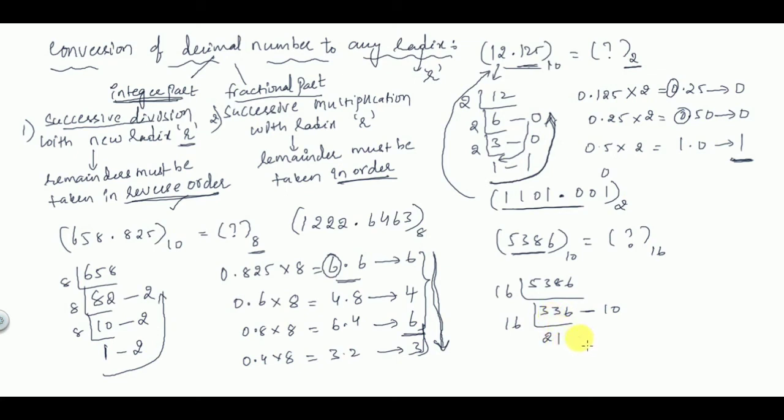It is perfectly divisible, so the remainder is 0. Next, 16 1s are 16 and the remainder is 5. So 10 in hexadecimal is written as A, and we have to take the remainders in reverse order. So the corresponding hexadecimal number is 150A base 16. Okay, so this is how we can convert a decimal number into any radix.